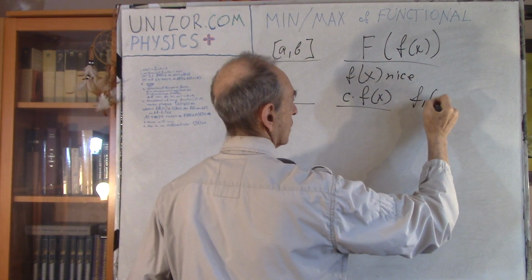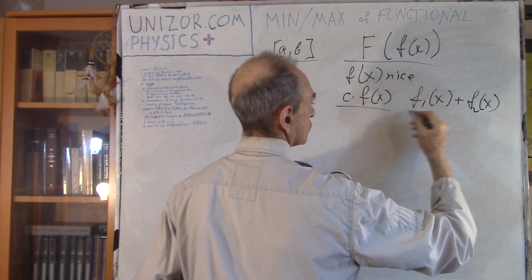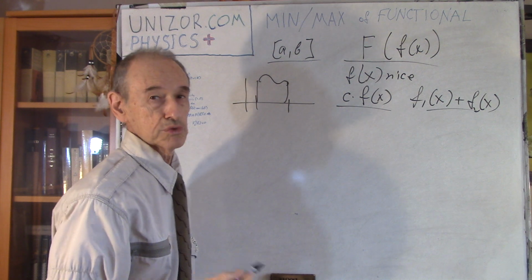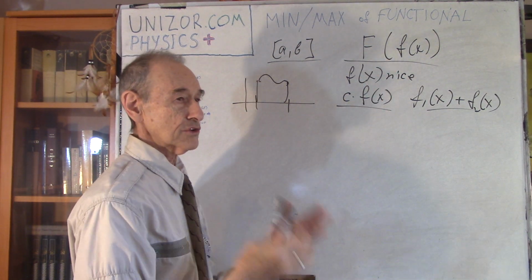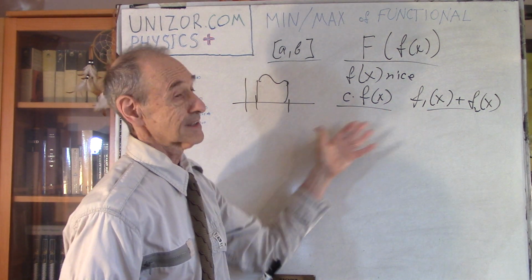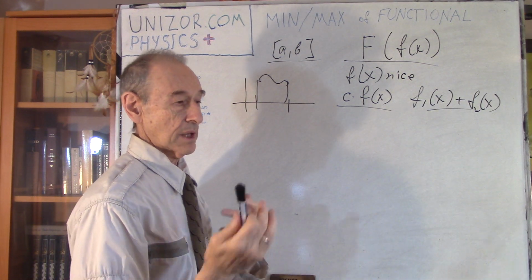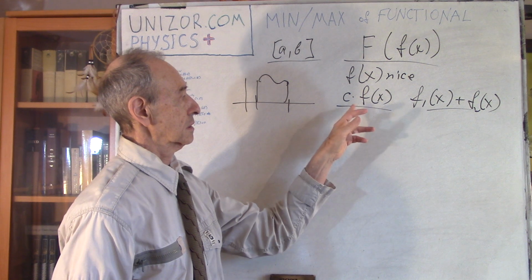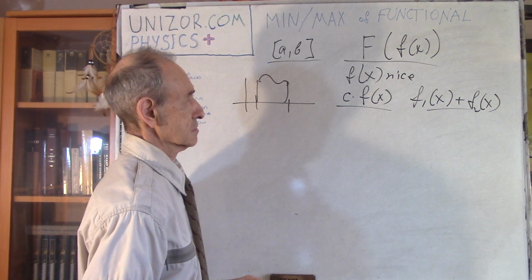Or if you have a linear combination of two functions, this should also be part of the domain of the functional. So a functional is defined on a lot of different functions, but they should at least be nice, and multiplied by a real number should also belong, and linear combinations as well.